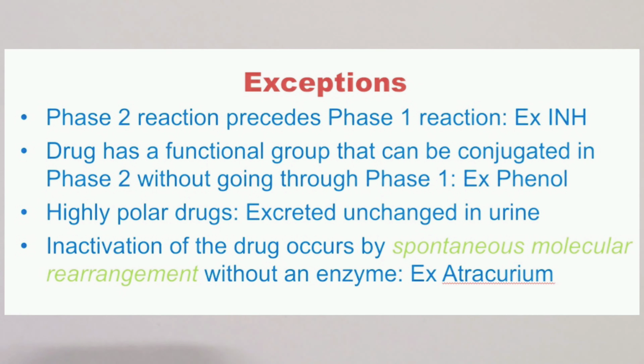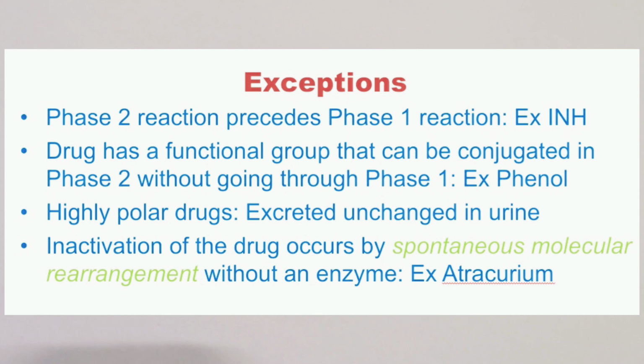Second, a drug may also have an existing functional group that can be conjugated in Phase II without going through Phase I reaction. So there is absence of Phase I reaction and the drug can directly go into Phase II reaction. Example, phenol is conjugated to form a metabolite in Phase II reaction and is excreted in urine.